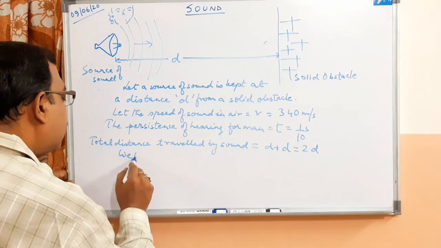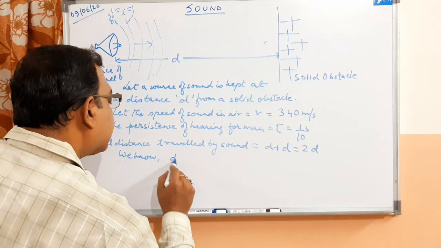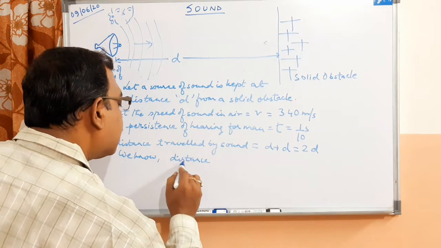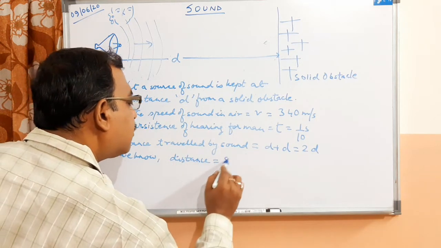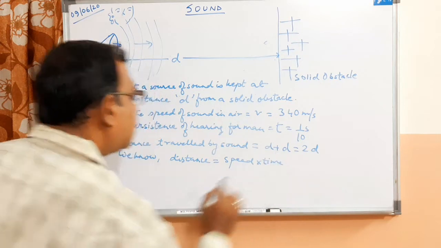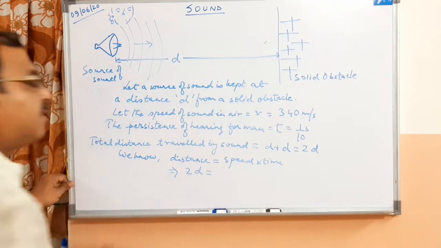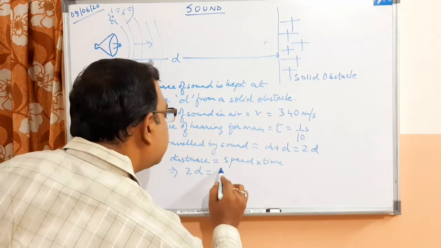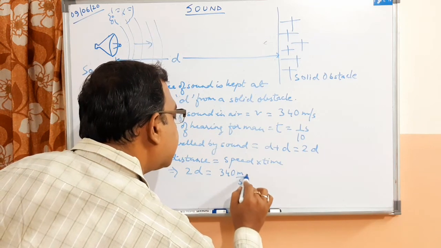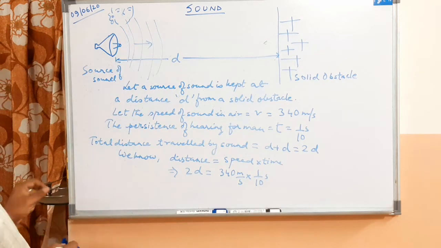Now we know distance is equal to speed into time. So here distance is 2d, that is equal to speed 340 meter per second into time 1/10 of a second.